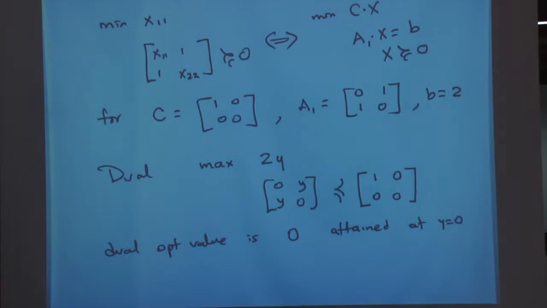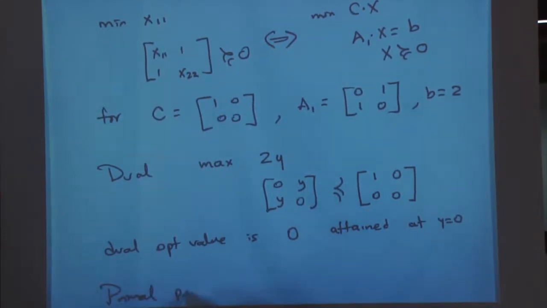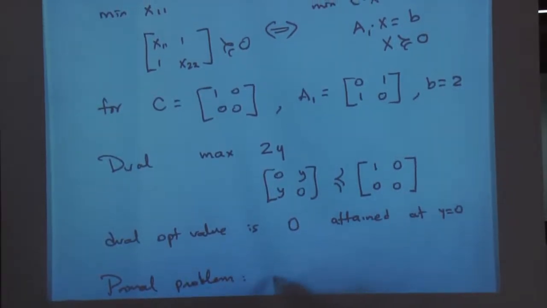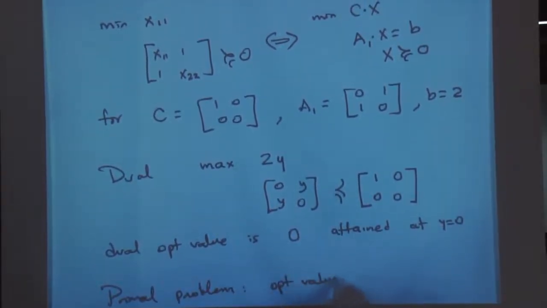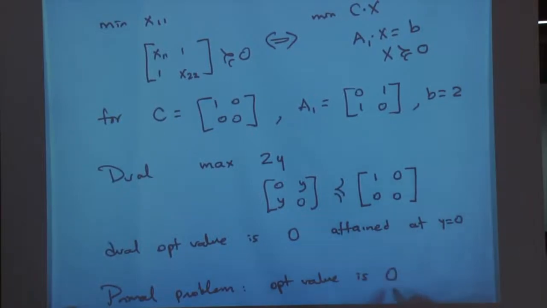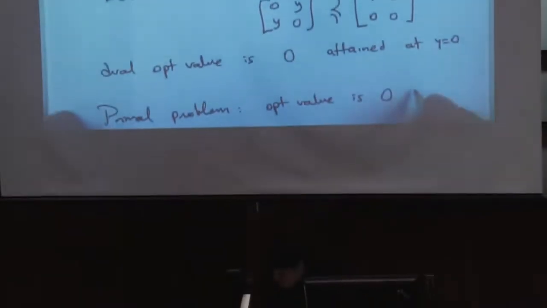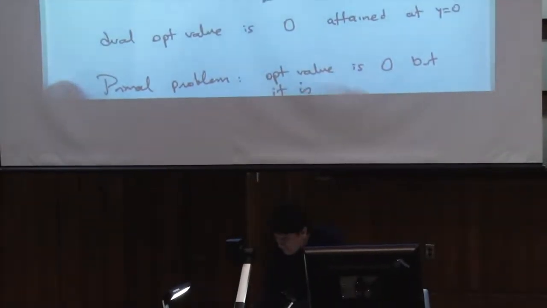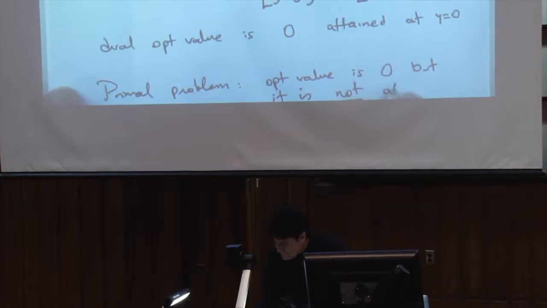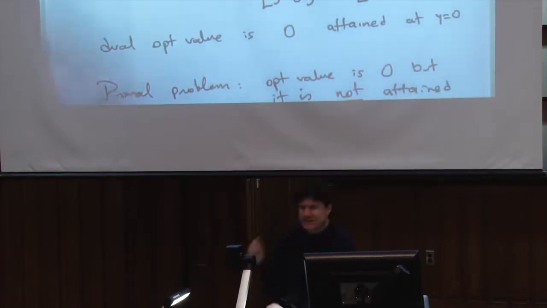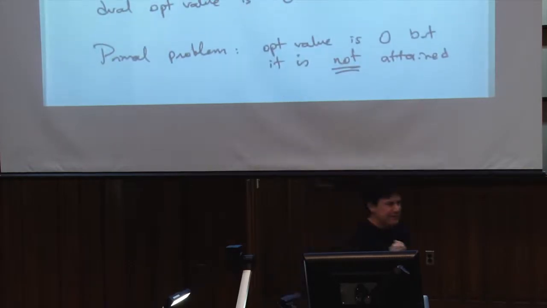So if you think about that, you realize that for the primal problem the optimal value is 0, because we can pick x11 arbitrarily close to 0, and then pick x22 arbitrarily large so that it compensates, but it is not attained. Okay, so again, this is a very peculiar subtlety that occurs with semi-definite programming.